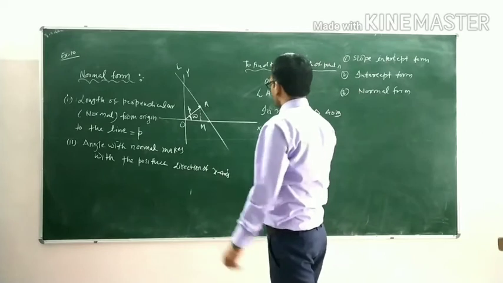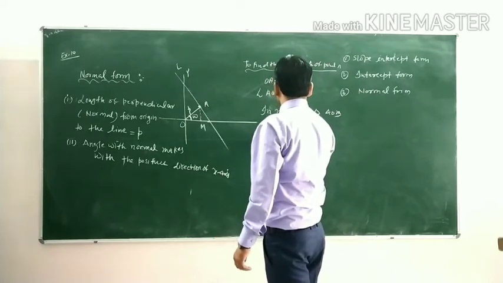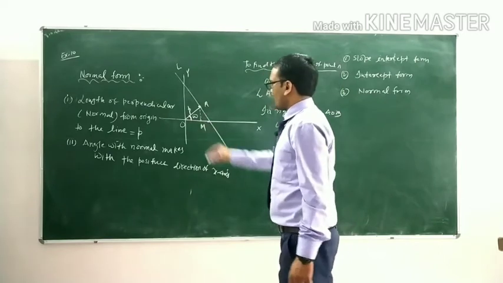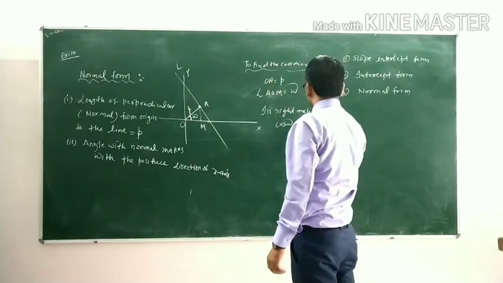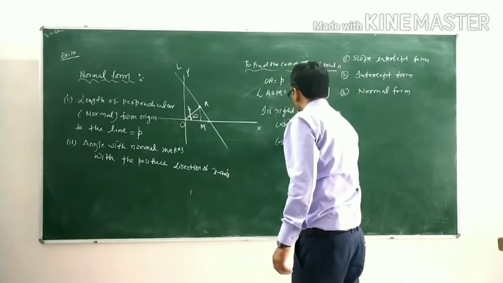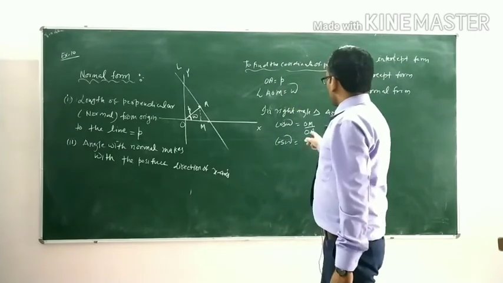Okay students, cos omega is the base upon hypotenuse, that means OM upon OA. So cos omega equal to OM.